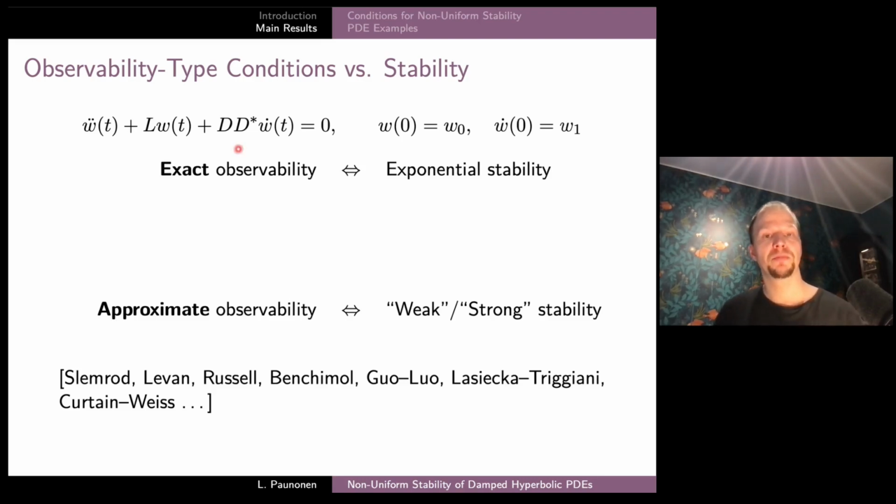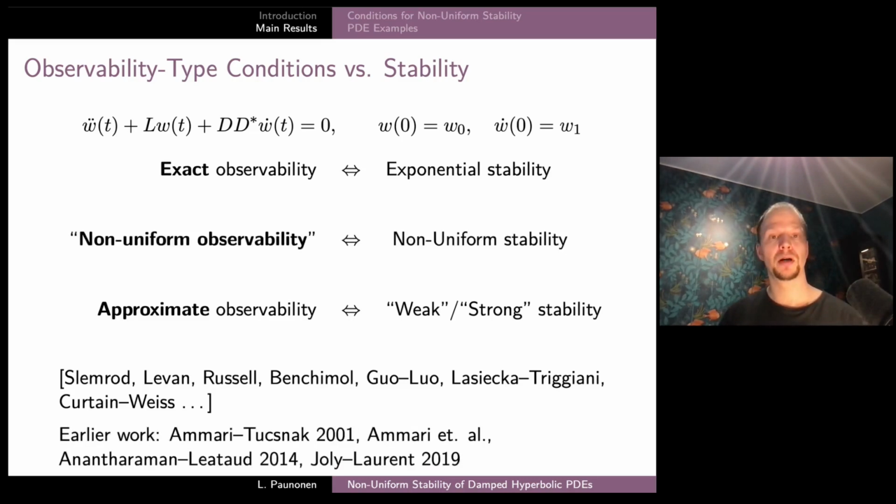And especially a suitable type of exact observability is known to be equivalent to exponential stability of the equation, and similar results hold for weaker forms of observability and stability. And in our research, we are introducing conditions which can be seen as generalized forms of observability, and we relate these to the non-uniform stability of our equation.